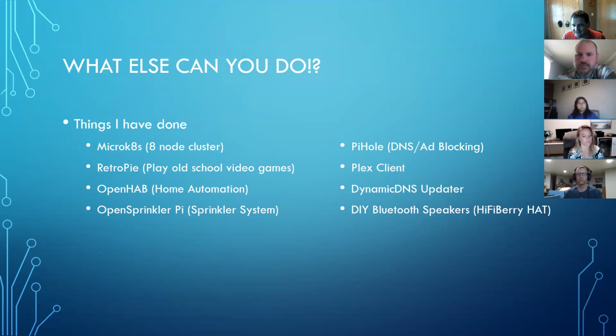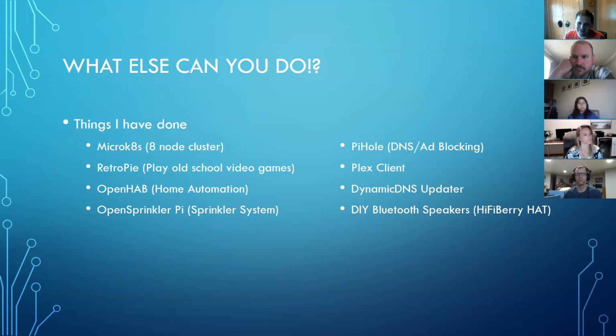You can install that on a Pi, and it can be a client to pull down audio. Another is a dynamic DNS updater. If you're familiar with networking and dynamic DNS, you can use a Raspberry Pi to update your public IP address to internal resources, like on a Raspberry Pi cluster.